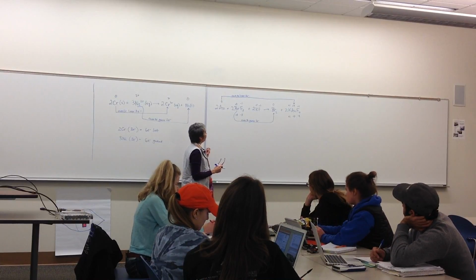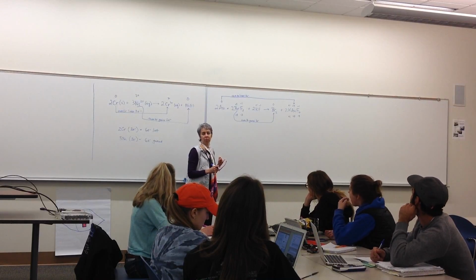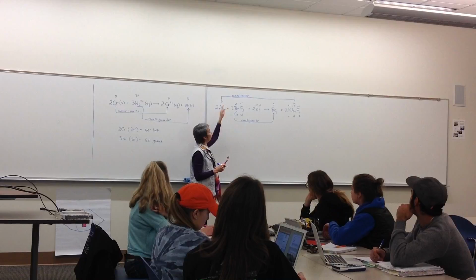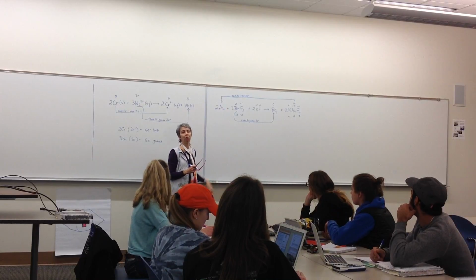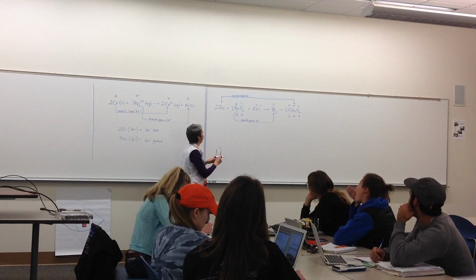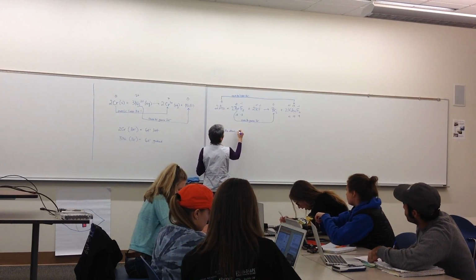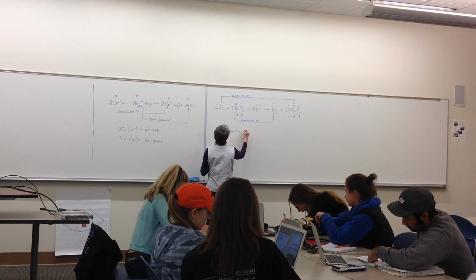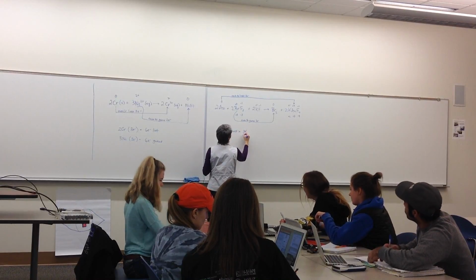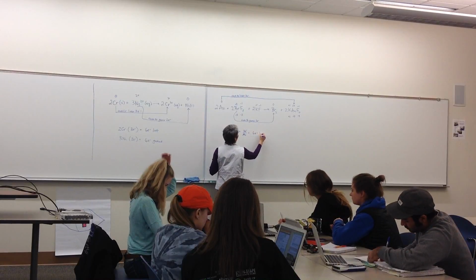So, how many total electrons are lost? We know that each gold loses 3, but how many total are lost? 6, because we've got 2 golds. So we've got 2 gold atoms times 3 electrons per gold equals 6 electrons lost.